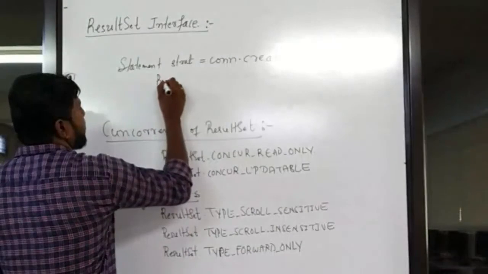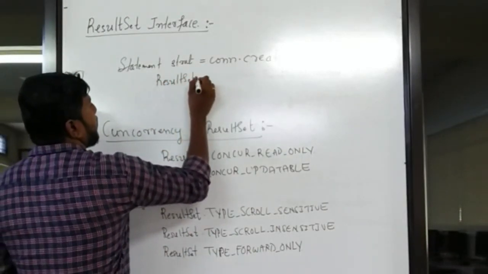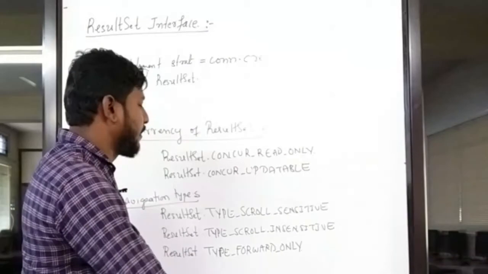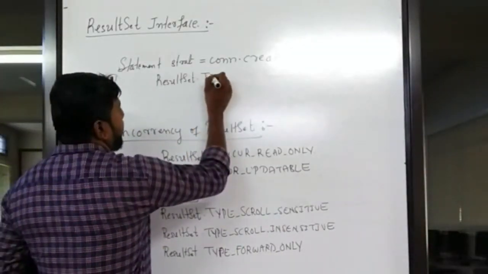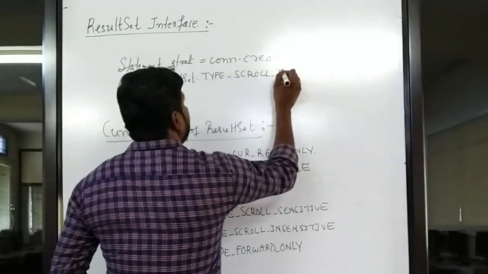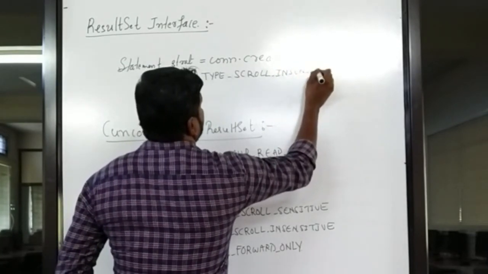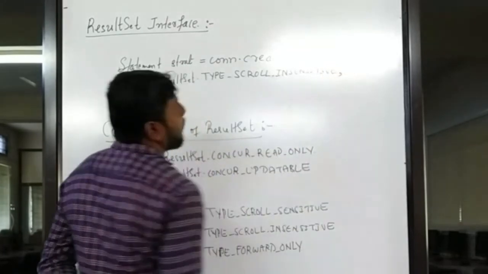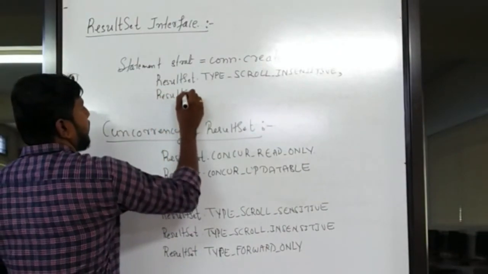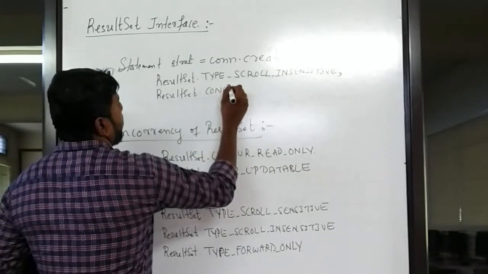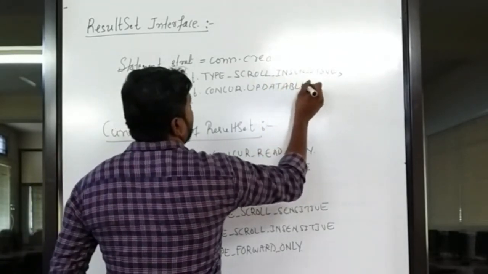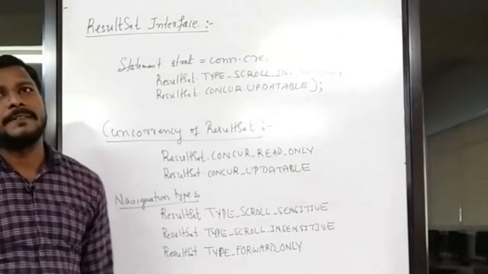First value, for example, if you want scrollable and insensitive ones, you can specify ResultSet.TYPE_SCROLL_INSENSITIVE, comma, next value you should specify the concurrency, ResultSet.CONCUR_UPDATABLE. Like this you should specify.